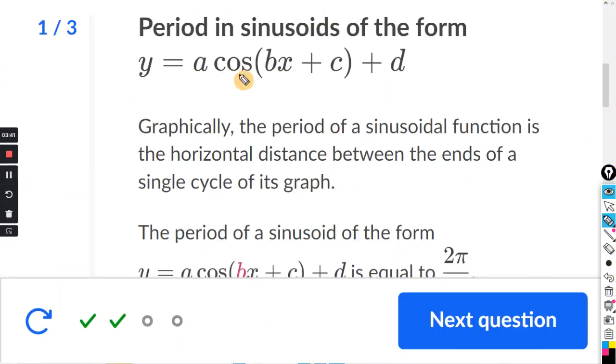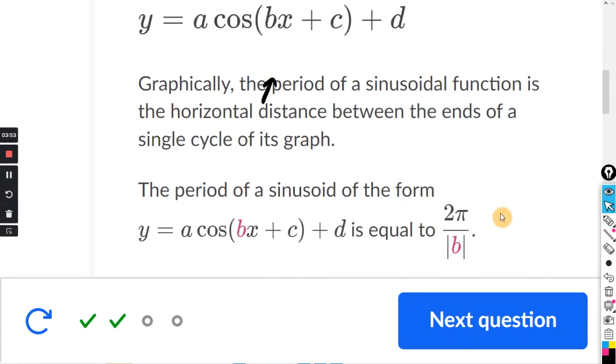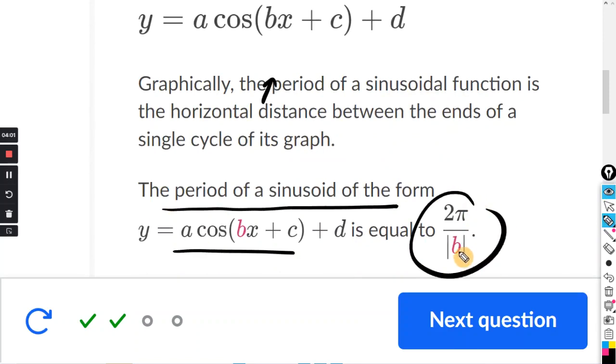We're assuming the equation is in this form, and we are just worried about this number right here, the number that's multiplied by x. The period of a sinusoid of this form is equal to 2 pi divided by the absolute value of b.